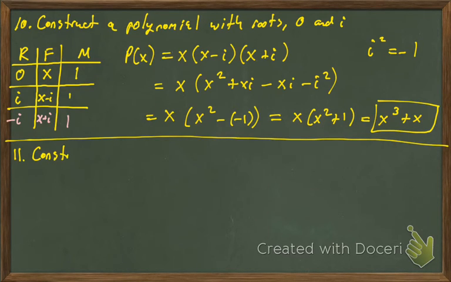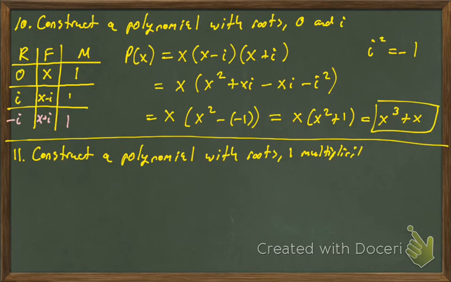We'll do one more. So we're going to construct a polynomial, and we get a little practice with the multiplicities here. So we're going to construct a polynomial with roots 1, and that's going to have a multiplicity of 3, 0 with multiplicity 2, and negative 4 with a multiplicity 7.